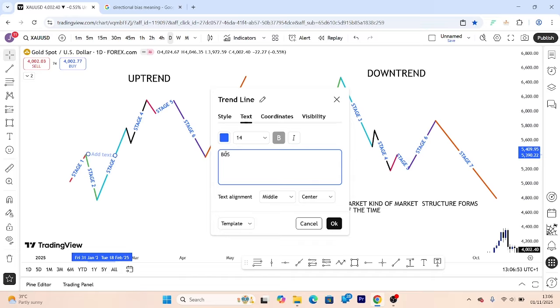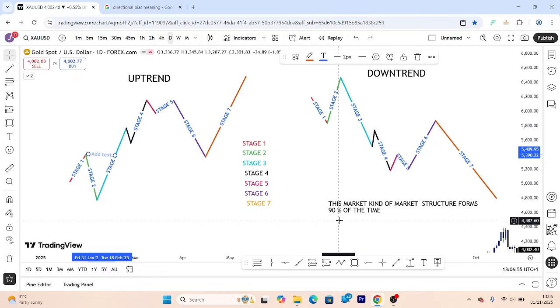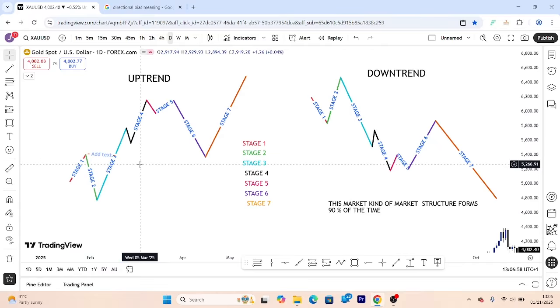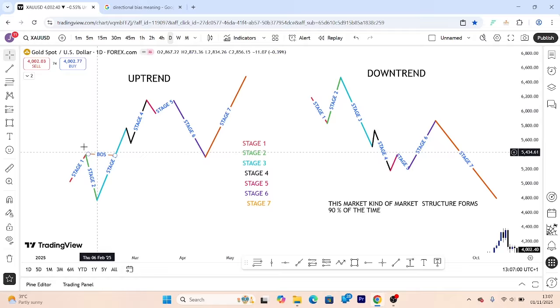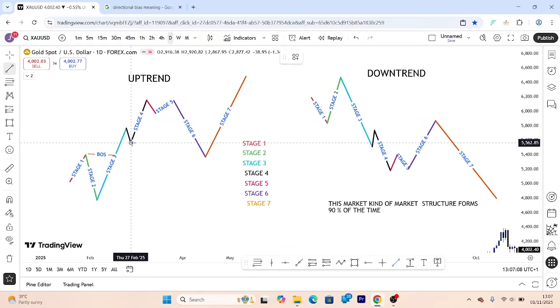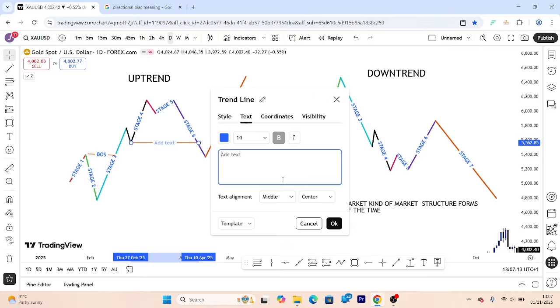The BOS, which means break of structure. So that's the break of structure, right? So at this level here is what we call the inducement.